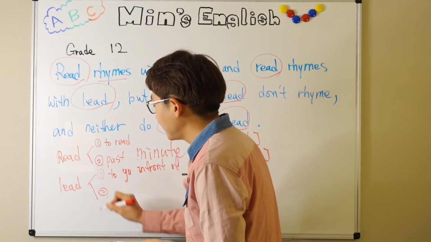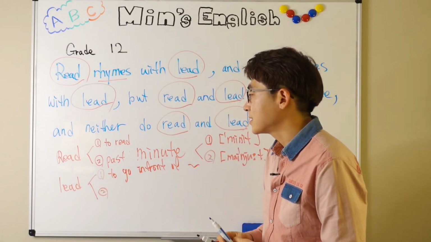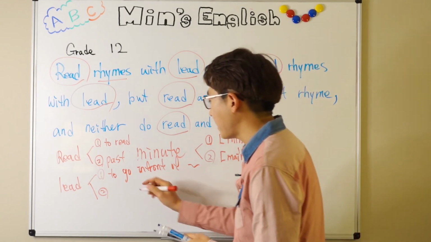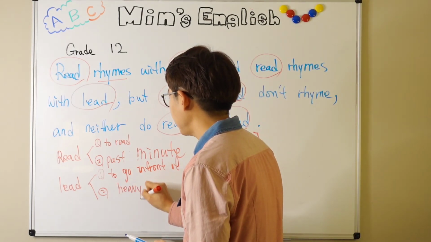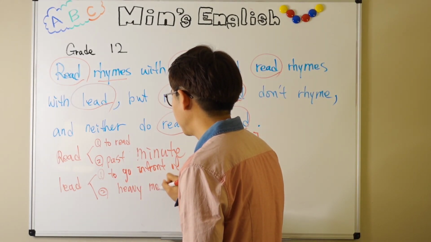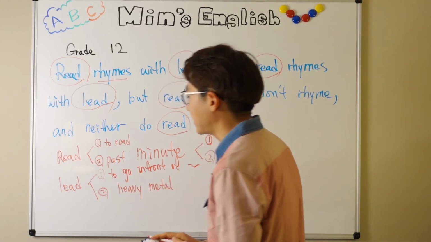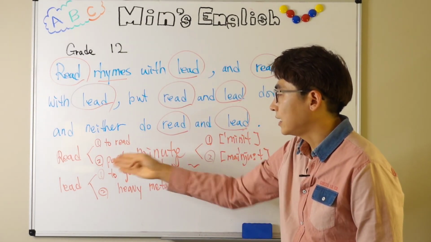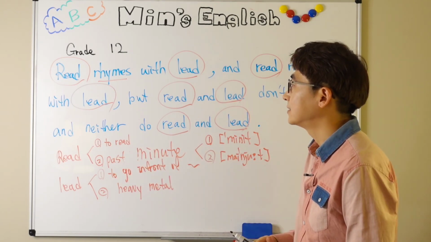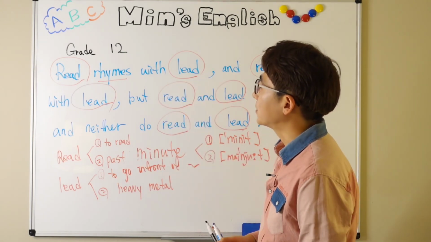Or it can be pronounced as led, and it's the heavy metal. It's a type of heavy metal, and it's pronounced like led. Read, led. Read, lead. Okay, so here we go.